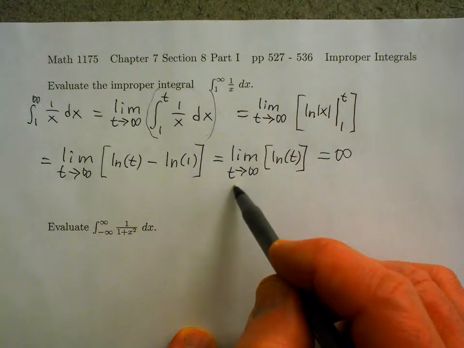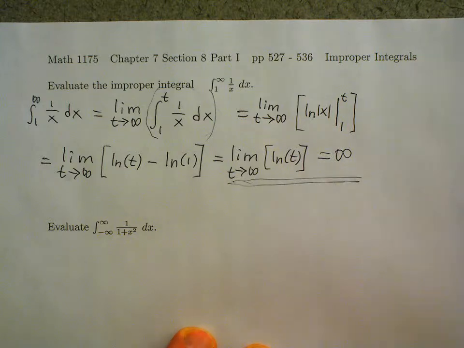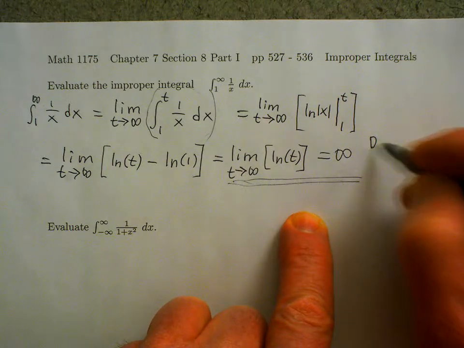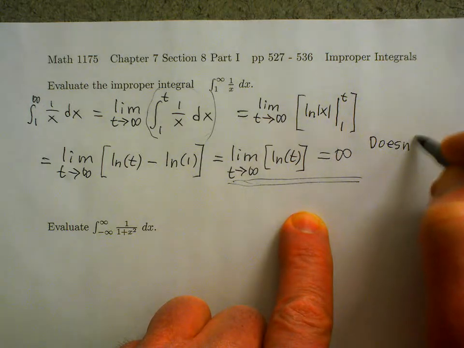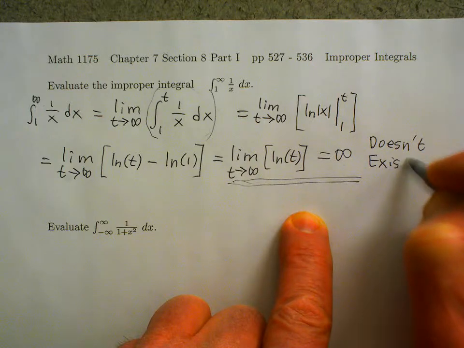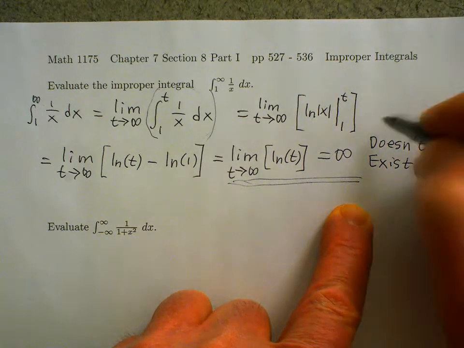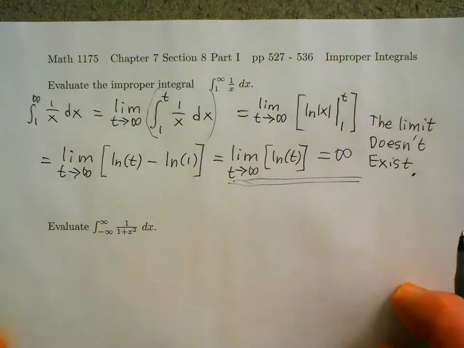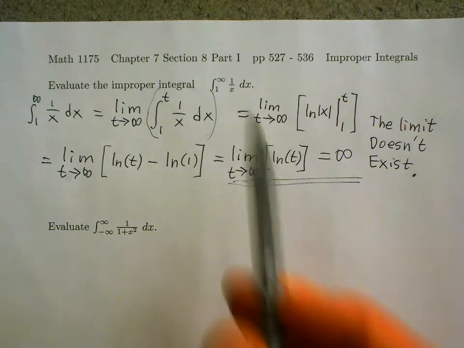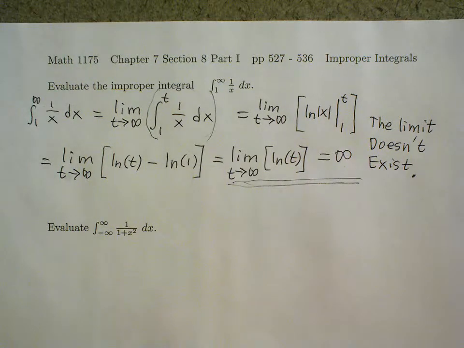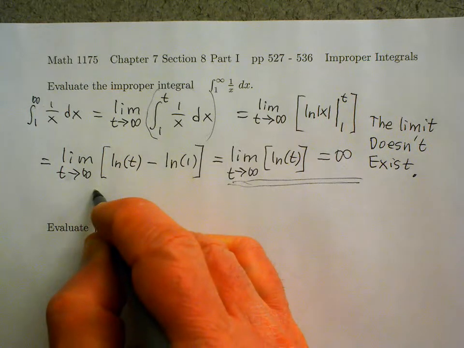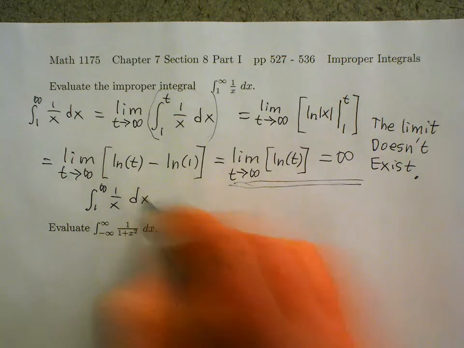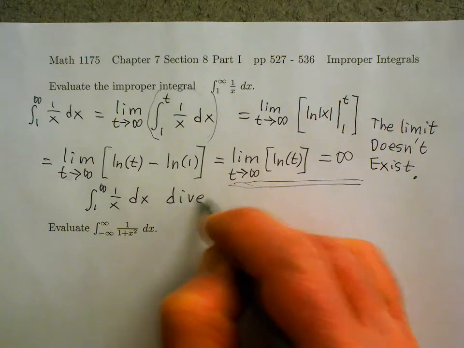Just to reiterate, this equation is written for convenience. The limit doesn't exist. So we say that the improper integral diverges. So this improper integral of 1 over x dx from 1 to infinity, this diverges.